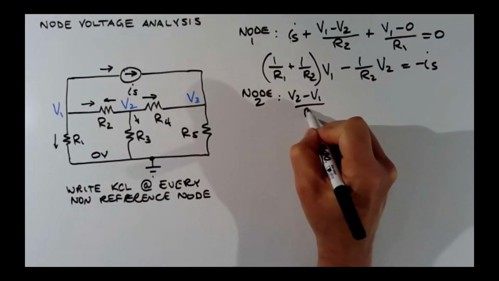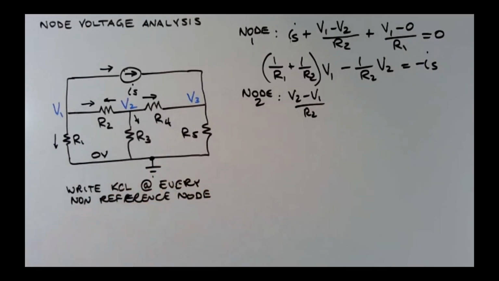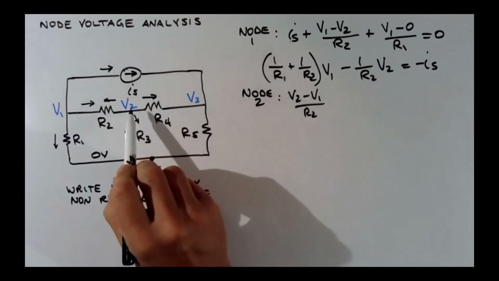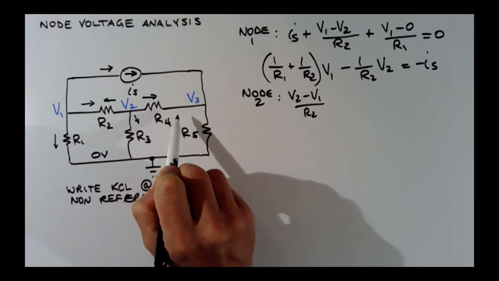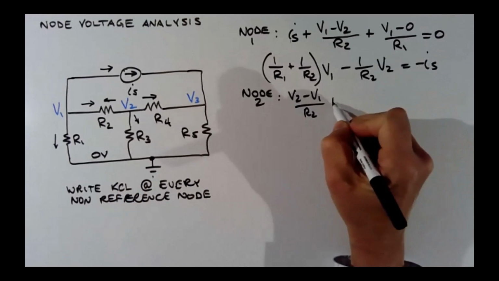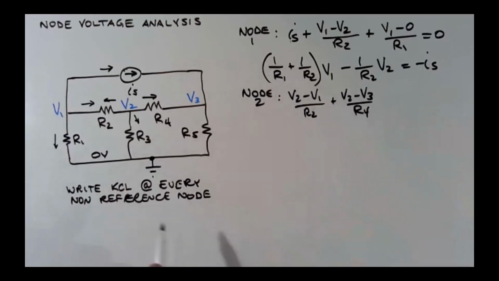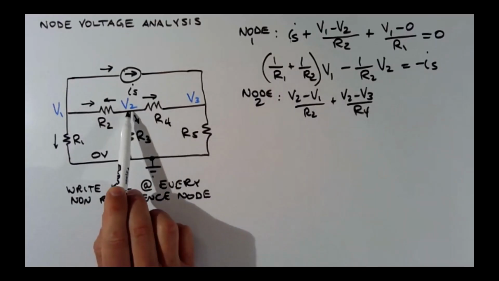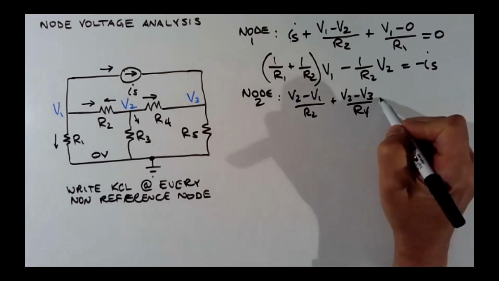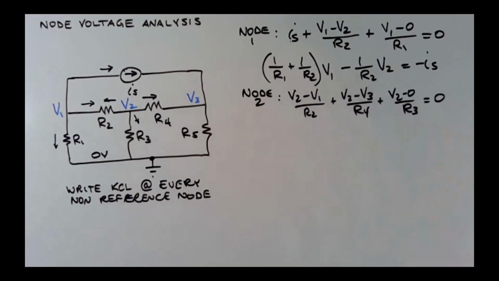Plus the current going to the right through R4, which is V2 minus V3 over R4. And then the current going down through R3, V2 minus 0 over R3.